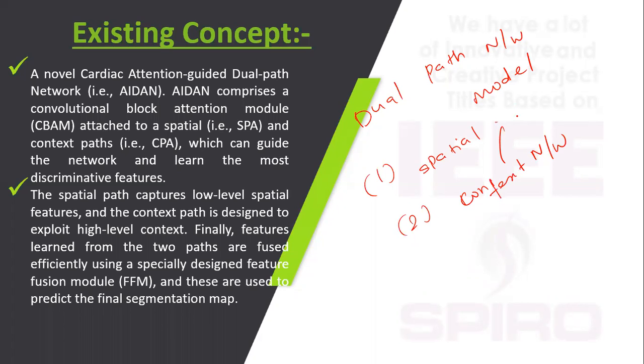In the spatial network, they detect the low level spatial values, and in the context network they detect the high level context values from the image. Finally, they fuse the values and detect the tumor.